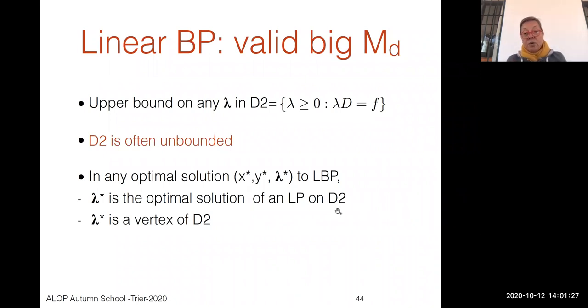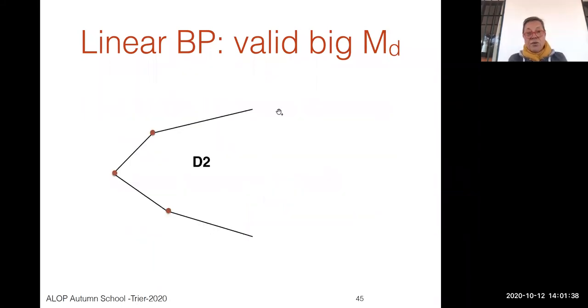So it is the optimal solution of an LP on D2, which means that it is a vertex of D2. And so the situation is that you have a polyhedron D2 that is often an open polyhedron.